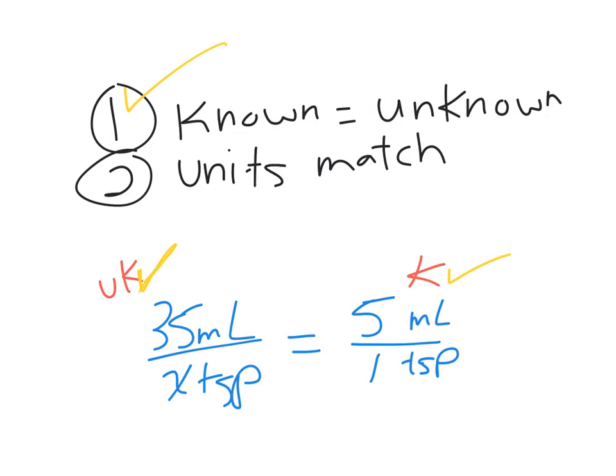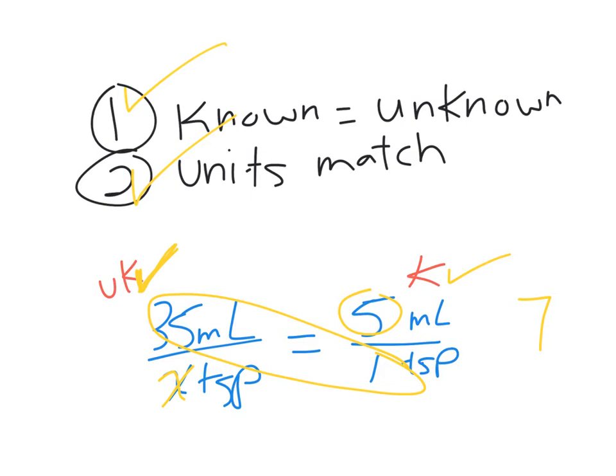The unknown, the two parts of the question, the 35 and the X, are also on the other side. Do my units match up? Absolutely. I have milliliters on top of both sides and teaspoons on the bottom of both sides. As long as I do that, I'm going to get this answer right. Since X is here, I cross multiply 1 times 35, then divide by 5. 35 divided by 5 is 7, and that's what we got on that problem.